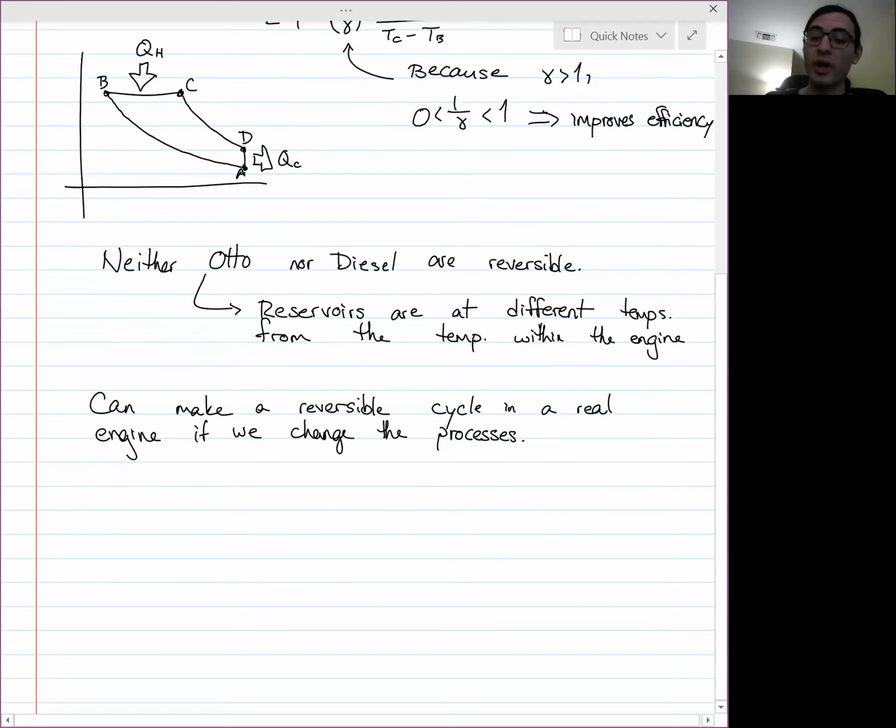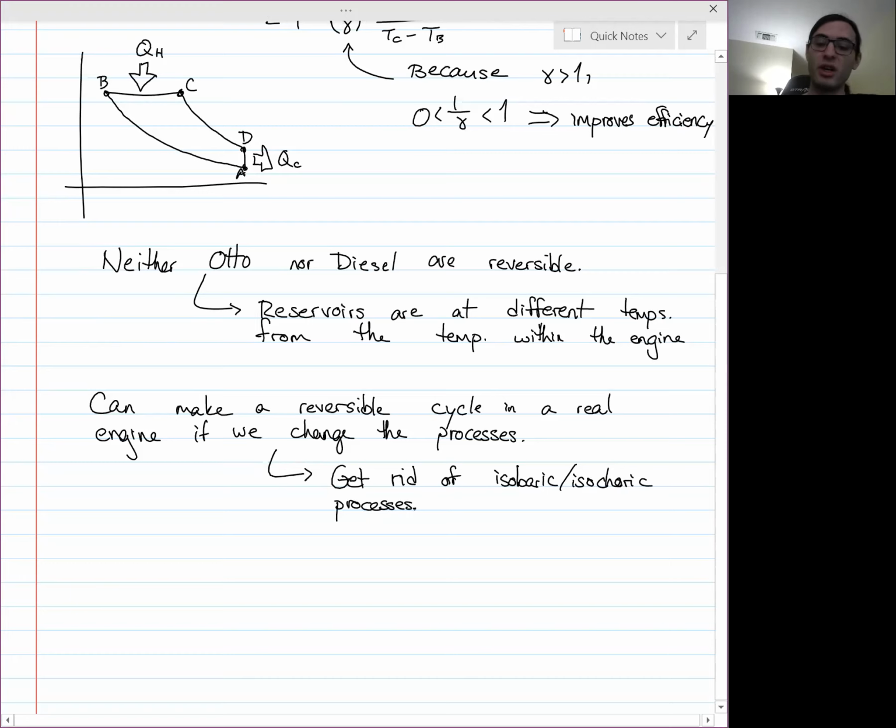The trouble here is the isochoric and the isobaric processes, because in those cases the temperature is changing, and so there has to be a temperature difference between the environment and the engine. So we have to get rid of the isobaric and the isochoric processes. Those are the parts that make it irreversible.